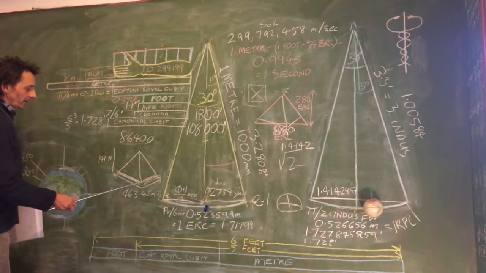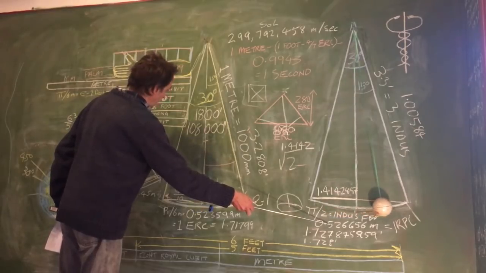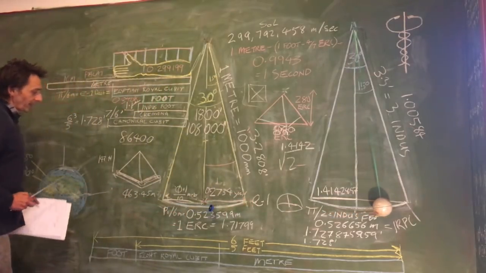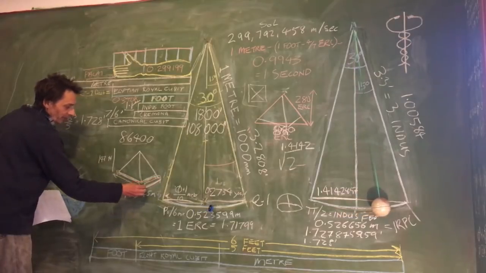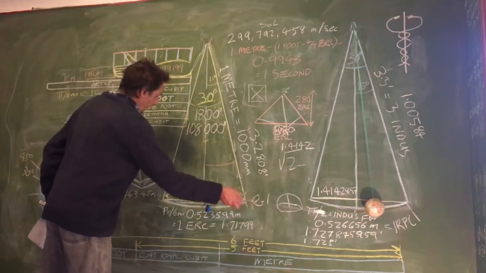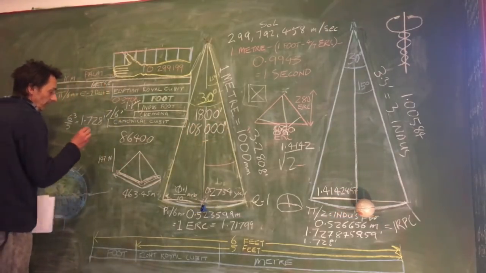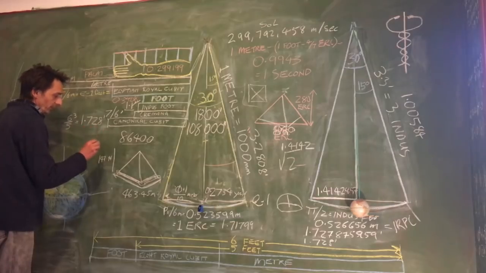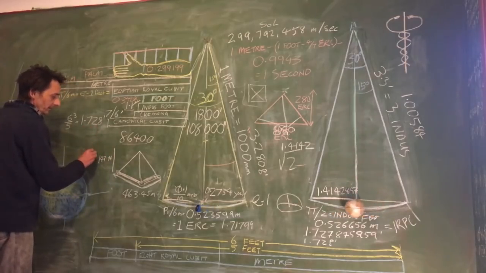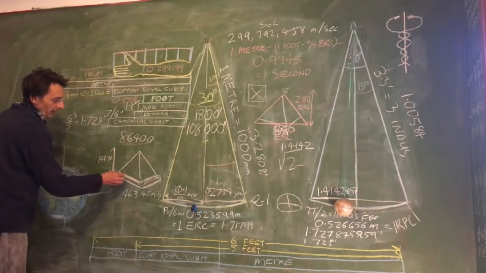If I include the sockets, multiply the Indus Royal Pendulum Cubit by 880, I get the base of the pyramid, including the sockets. If I multiply this cubit by 280, what I get is the height of the pyramid, including the paving stones.